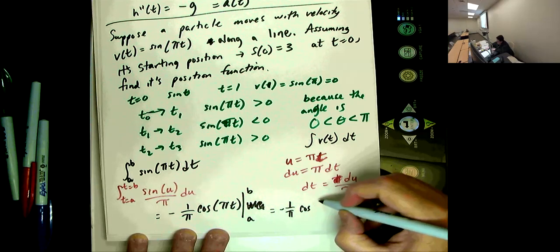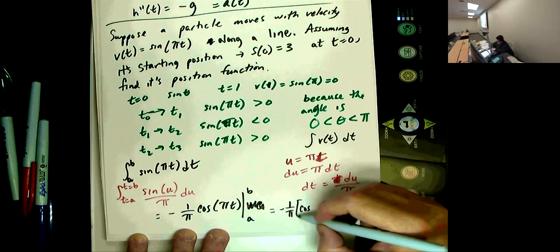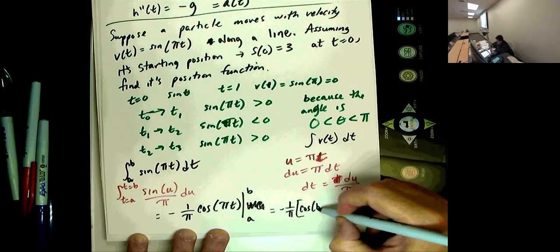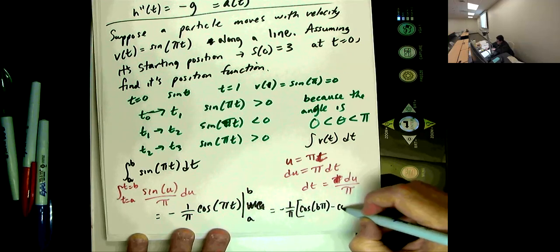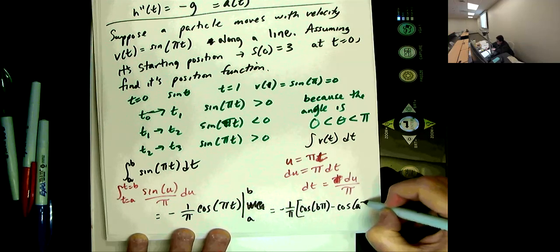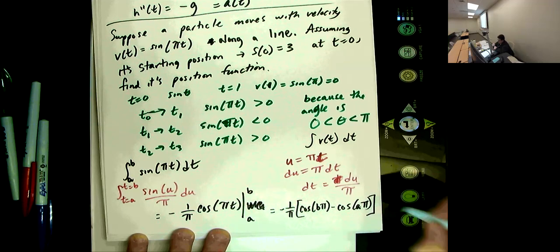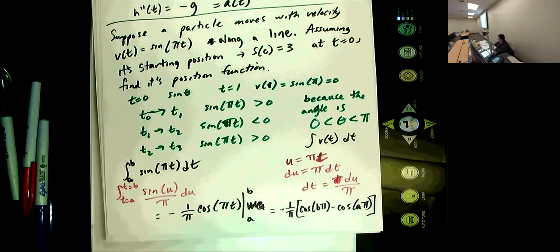Cosine of b pi minus cosine of a pi. I factored out the negative 1 over pi because it's on both of them.